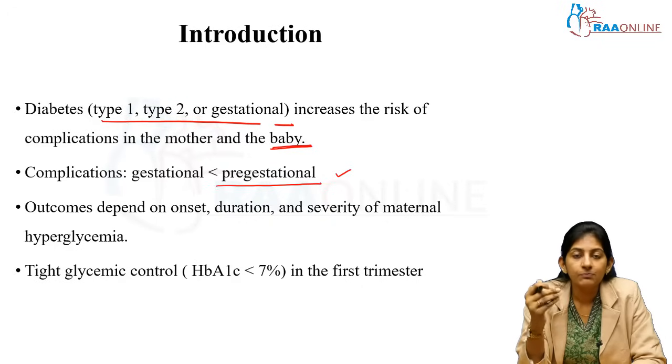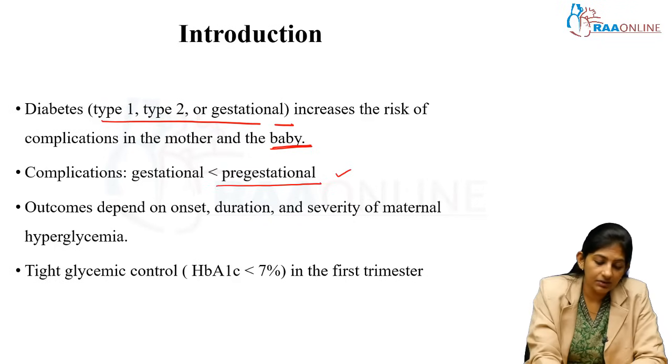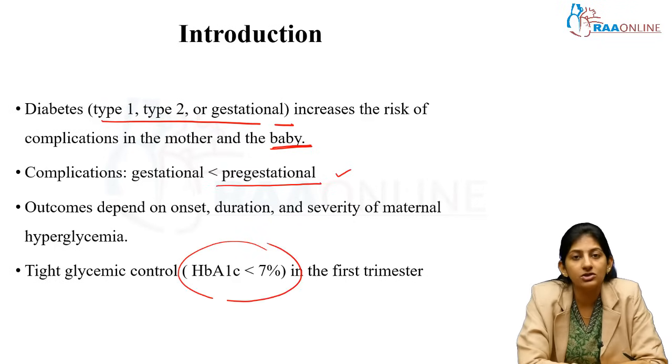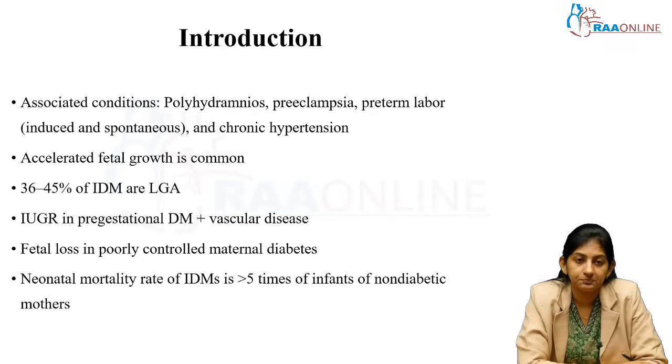We always counsel the expectant mother to have a tight glycemic control, and we expect that the mother maintains a HbA1c of less than 7% in the first trimester where the organogenesis happens.